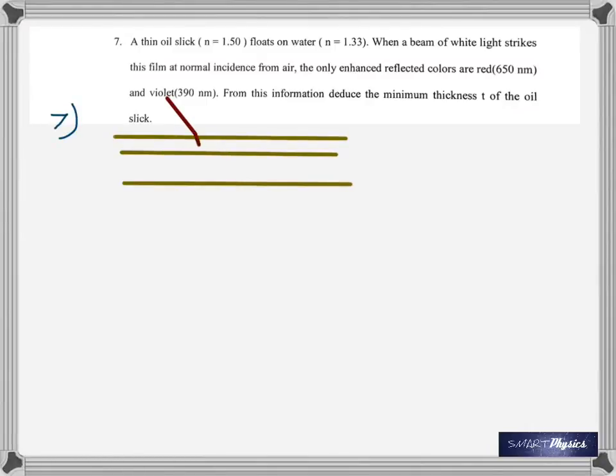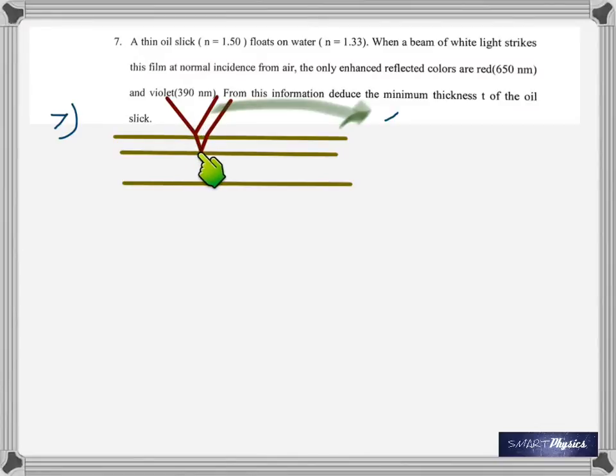So you have light partly reflected, like in the last case, but you're going to see a difference here. The first reflection takes place when it's going from air into oil, so obviously that reflection takes place when it is going from less to more dense.